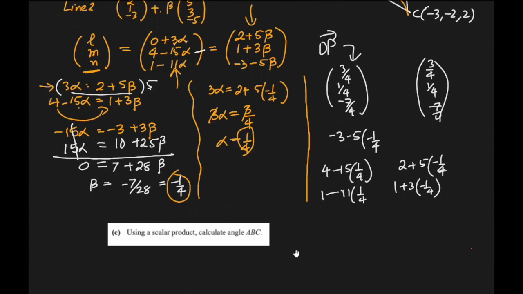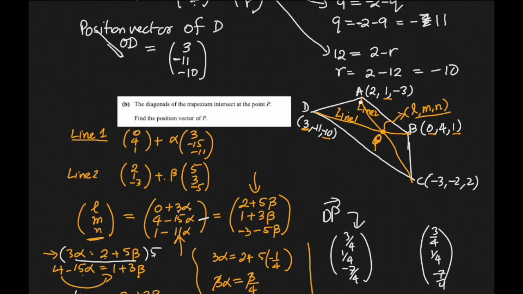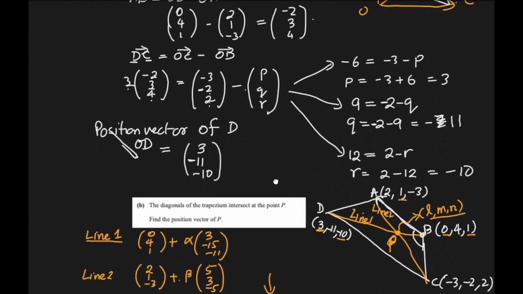Now, using scalar product, calculate angle ABC. So this is the angle which we have to find. That means the angle should be from tail to tail, so I should know BA, not AB. BA should be my first vector. So BA is the opposite of AB.